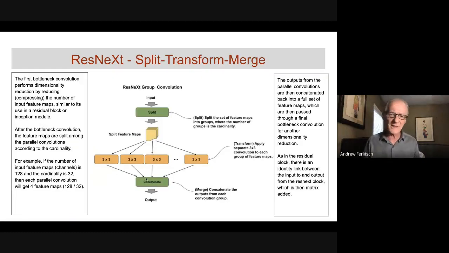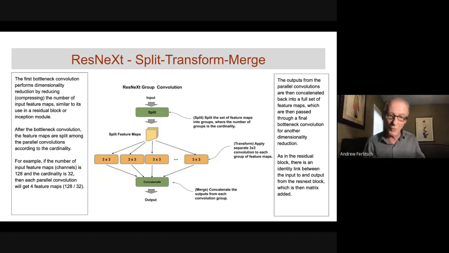So let's look at that group convolution operation, which they referred to as split, transform, merge. We're going to have our input, which are all those feature maps, and then we're going to determine a group size. Let's say we have 128 feature maps coming in, and our cardinality is 32.